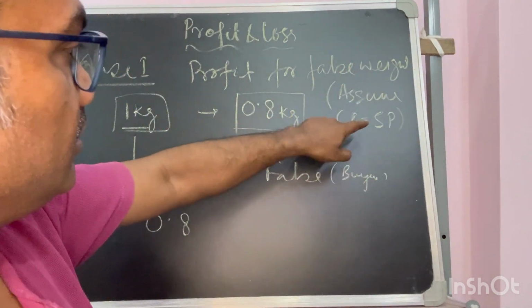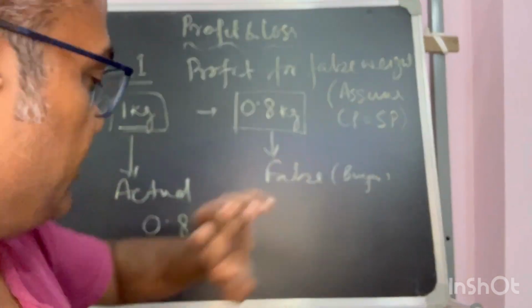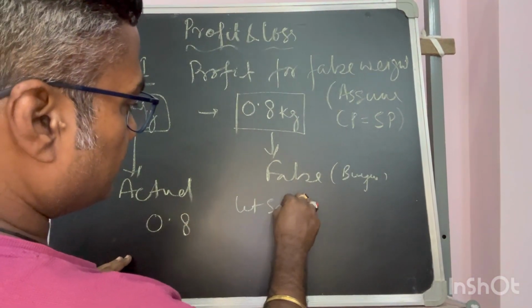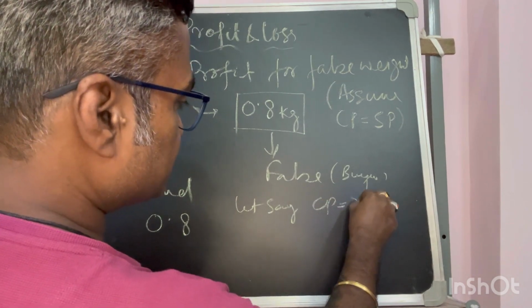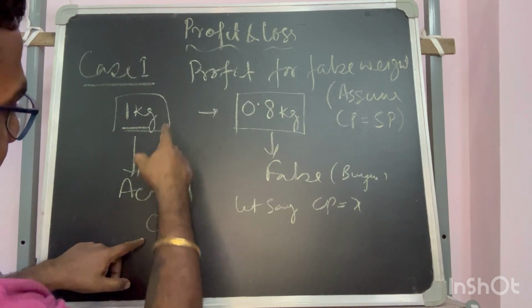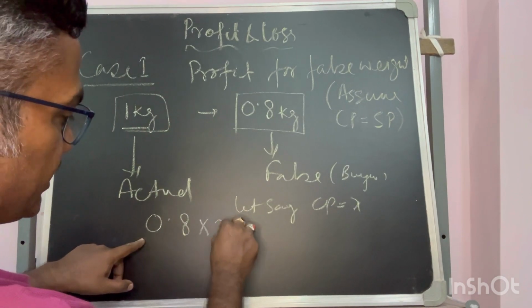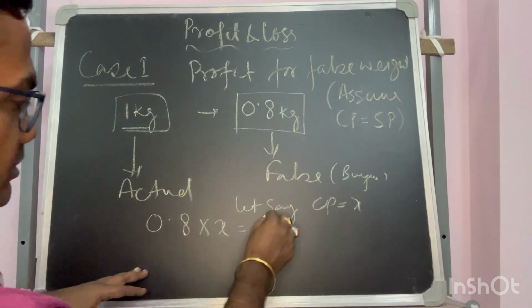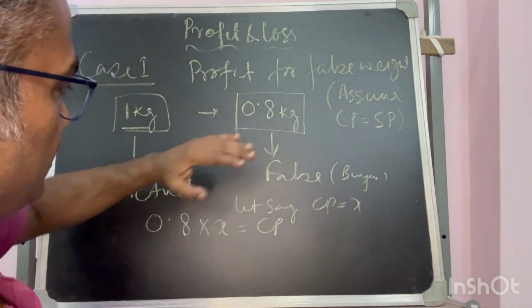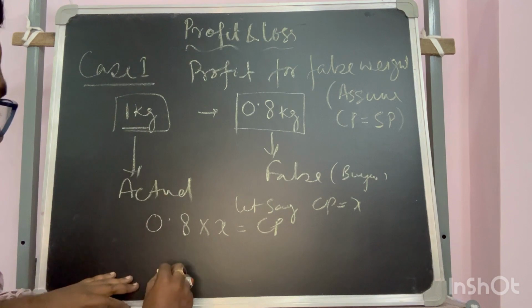But as of now, we assume cost price equals selling price. That means, let's say the cost price is X for the commodity, so for 0.8 kg of that, he is actually paying this much. This will be the cost price for the seller, and the same thing he is selling, but he is taking money for 1 kg.